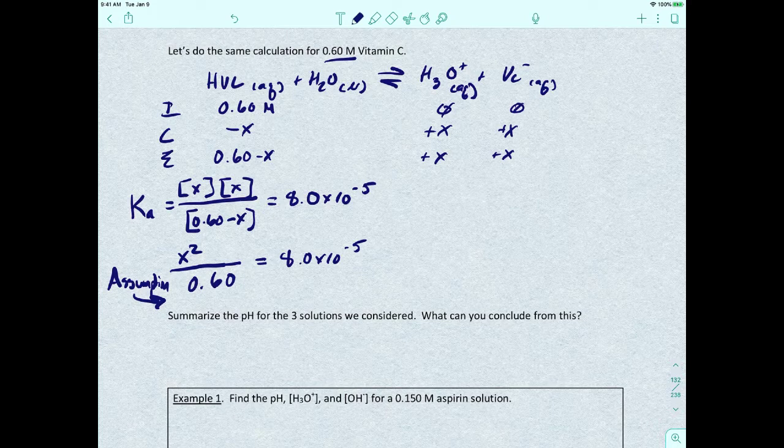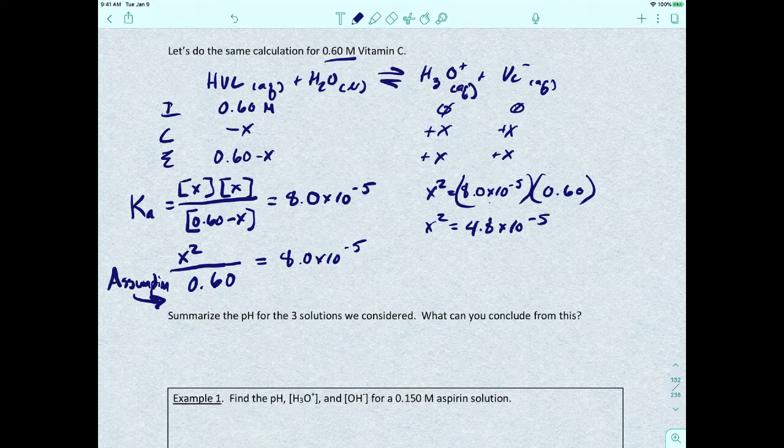So if we solve, X squared would be equal to 8.0 times 10 to the minus fifth times 0.60. And then if we take the square root of both sides, let me show you the steps. I apologize. So X squared would be equal to 8.0 times 10 to the minus fifth times 0.60, which is 4.8 times 10 to the minus fifth.